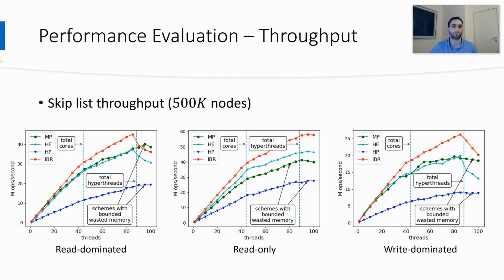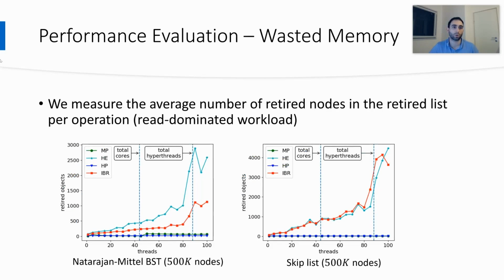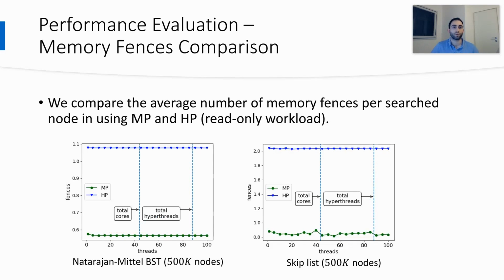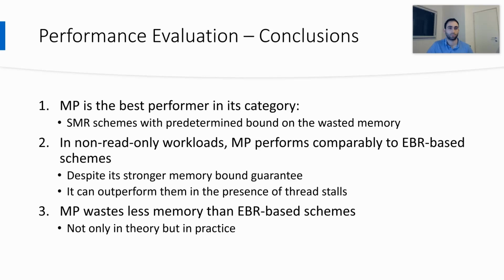The skip list throughput graphs show similar results, and we also measured the average size of the wasted memory. We can see that only MP and HP show a negligible amount of wasted memory regardless of the number of threads. Finally, we compare the average number of fences per visited node in both MP and HP, and we can see that HP fences twice as much as MP does.